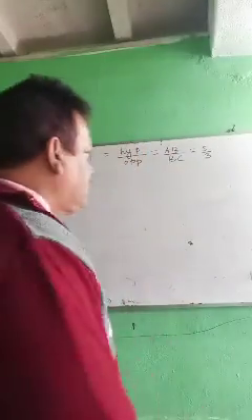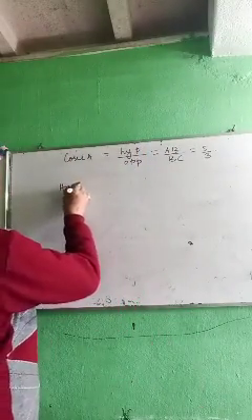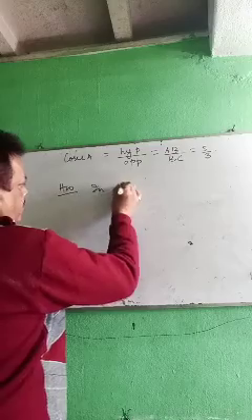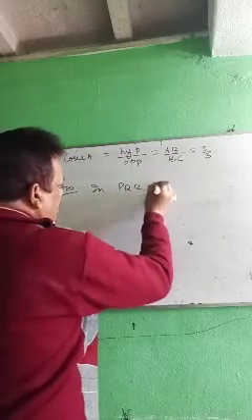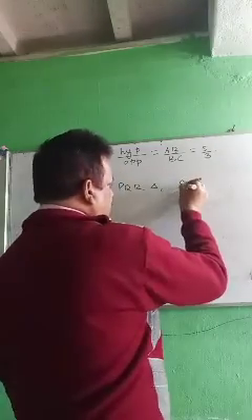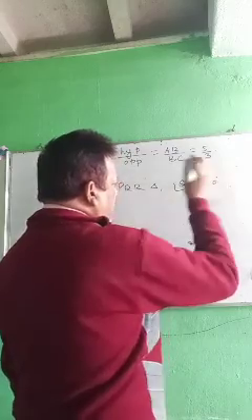Now one homework for you. In triangle PQR, angle Q is 90 degrees.